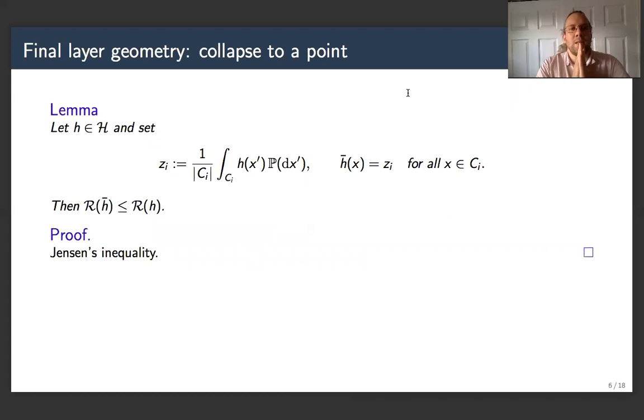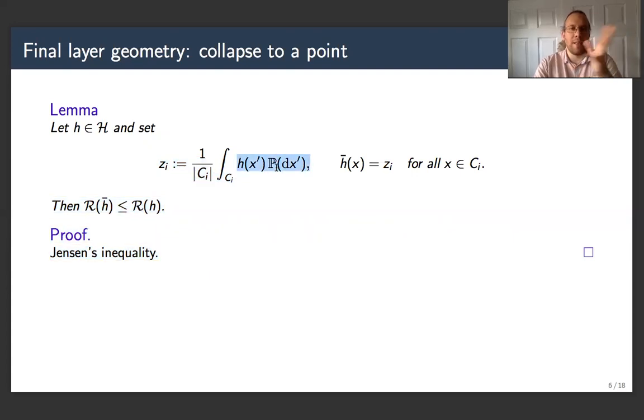Now, let's look first at the final layer, at the output of h of x, and then later on we'll go back one layer by looking at the linear map that connects the penultimate to the final layer. So in the final layer, let's leave h in some general hypothesis class H and set z_i to be the average value that h outputs over the ith class.